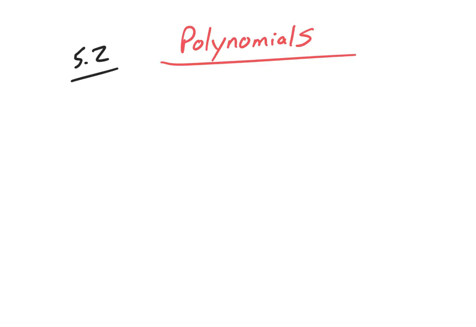We've seen polynomials before. Today is really just going to be what is a polynomial, what are the different types of polynomials, what are some different things about polynomials that we're going to do, and then we will do some operations with polynomials. Today's going to be addition and subtraction, and then we'll talk about some more later on in the chapter.